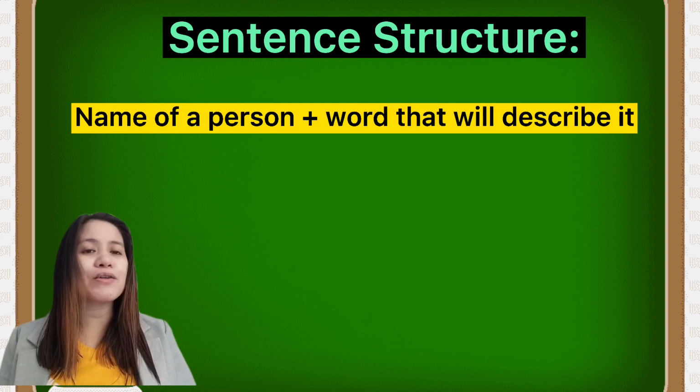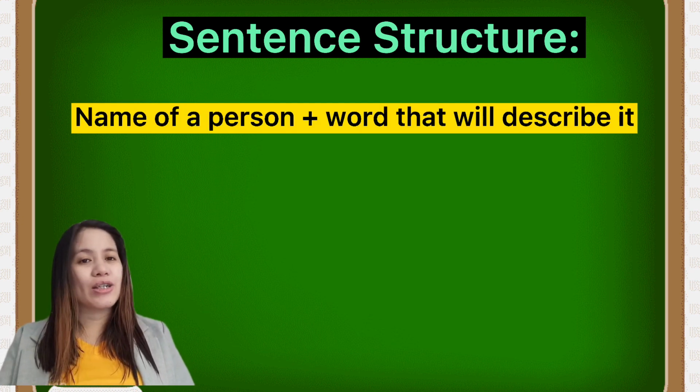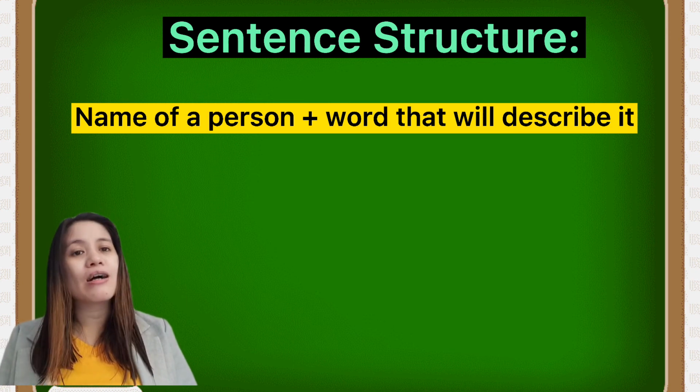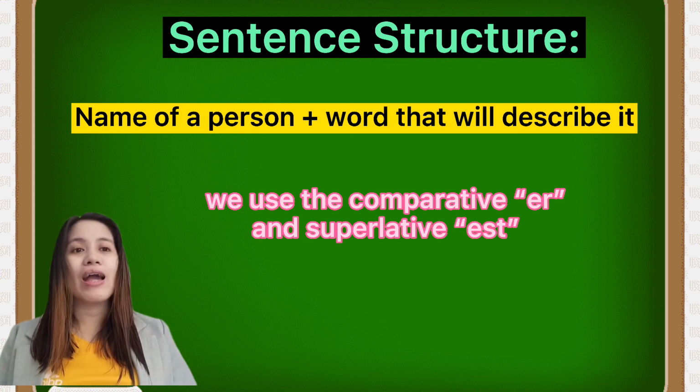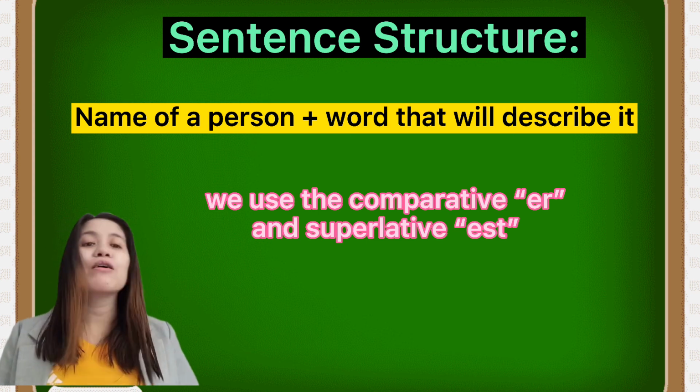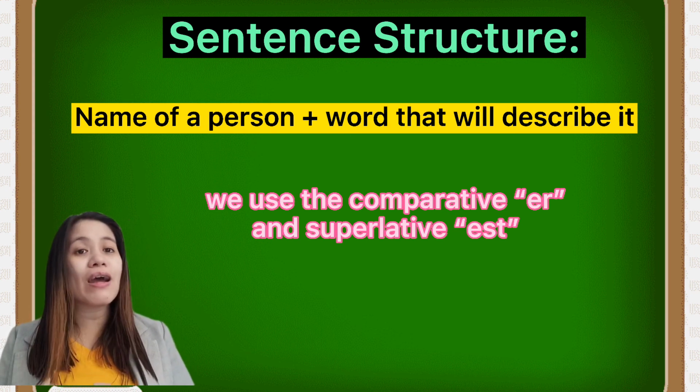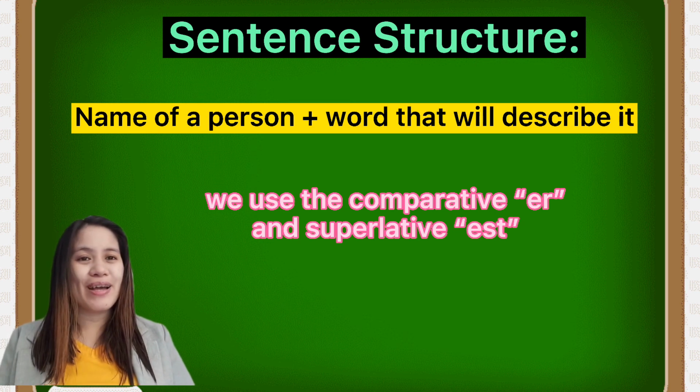The sentence pattern is really easy. Just the name of the person plus the word that we are going to use to describe them. And if we compare them, we use the comparative and the superlative. Alright? Okay, so it's very easy, right?